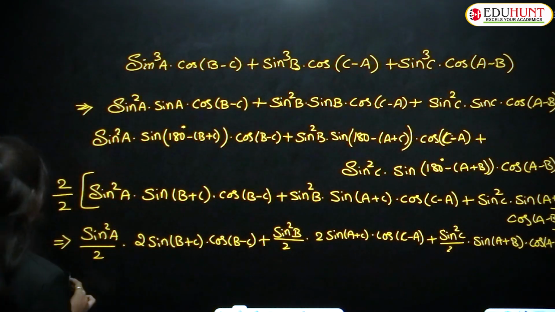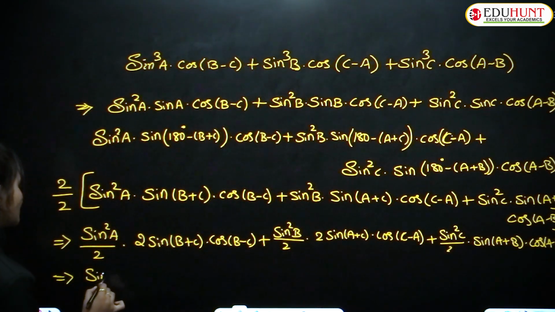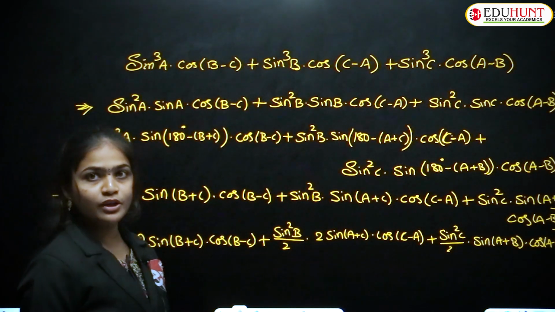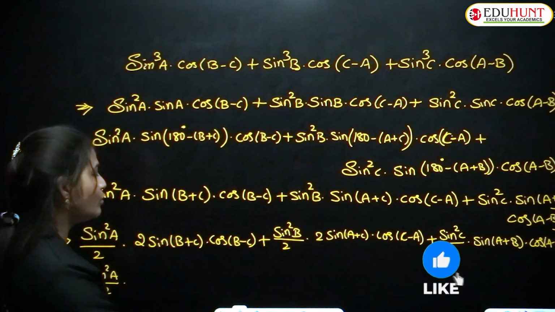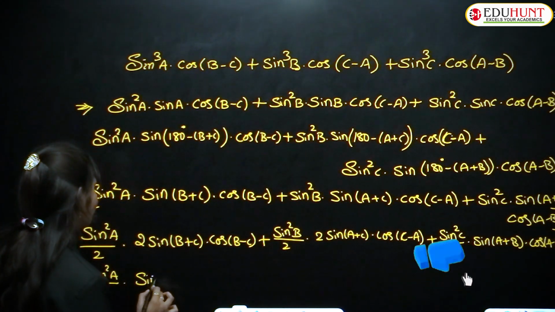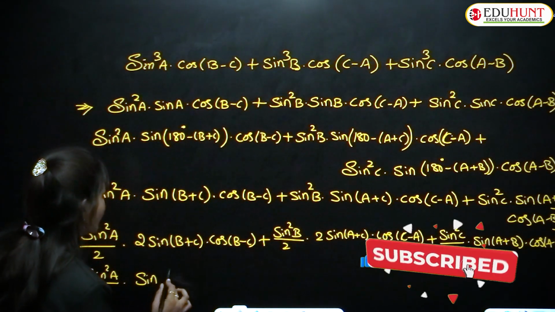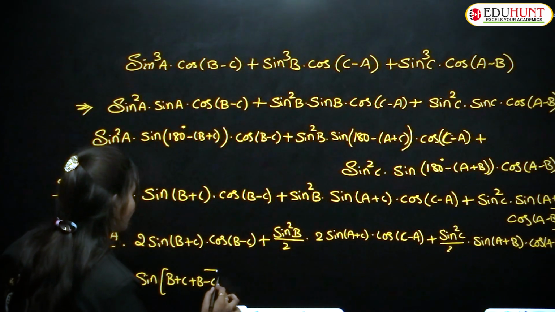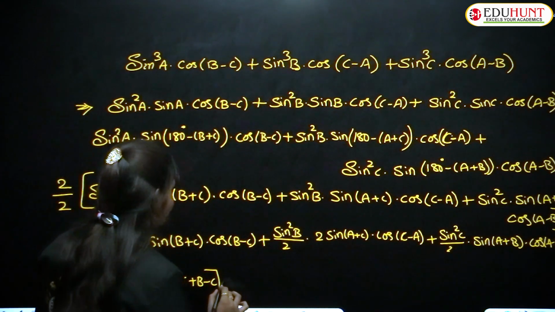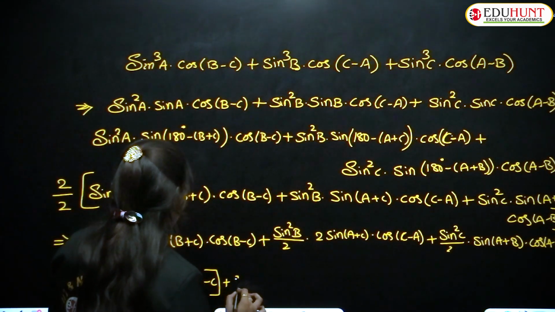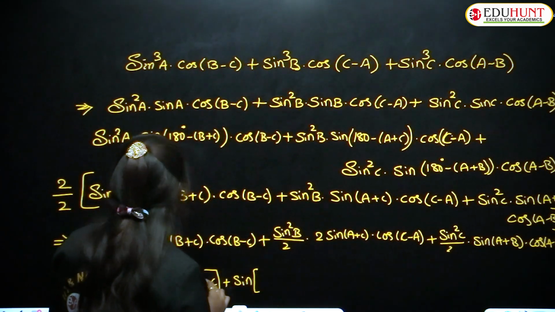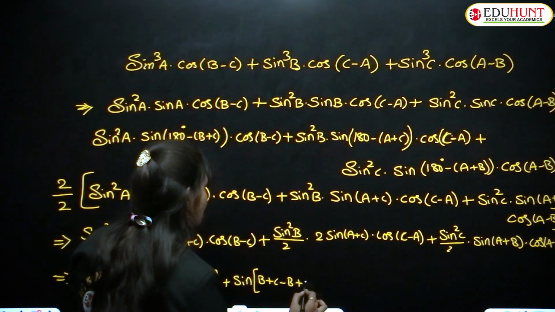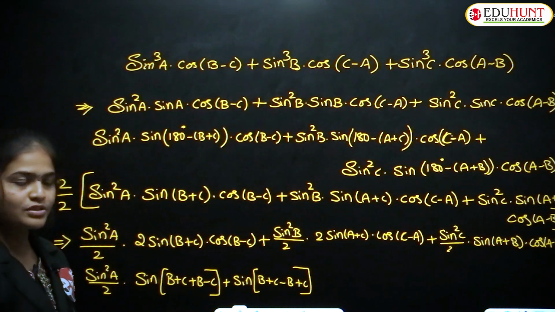Clear? So from this one, sin square A by 2 into, here 2 sin A cos B, the 2 sin A cos B formula, is related to sin of A plus B plus sin of A minus B. So A plus B means here B plus C plus B minus C, sin of A plus B plus sin of A minus B, so A minus B means B plus C minus B plus C. Which formula do we use here?